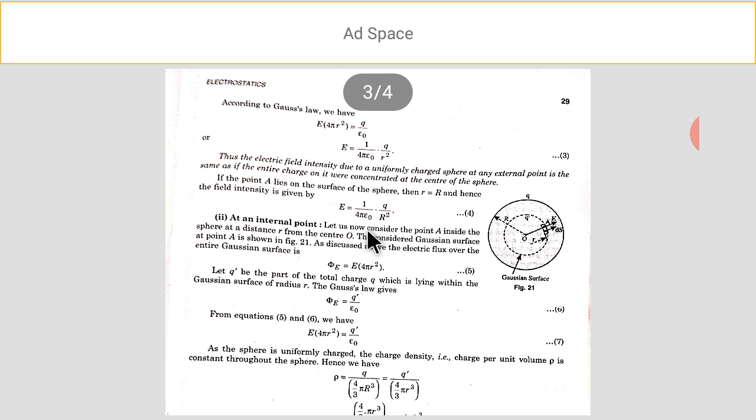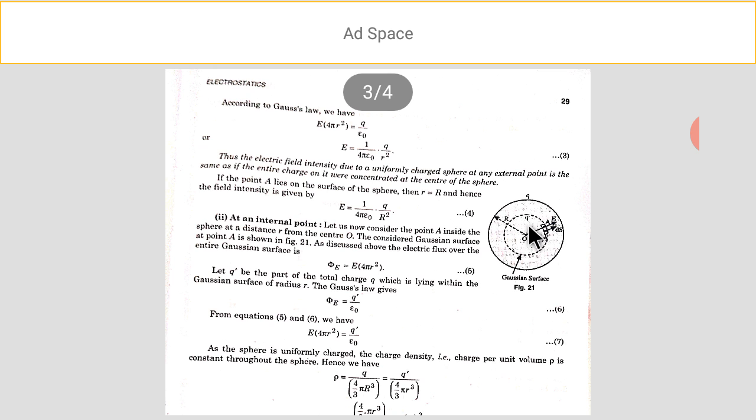If the point A lies on the surface of the sphere, then r is equal to capital R, and hence the field intensity is given by this formula: E is equal to 1 upon 4 pi epsilon naught times Q upon capital R square. Now consider another case where the point is inside the sphere, at an internal point.